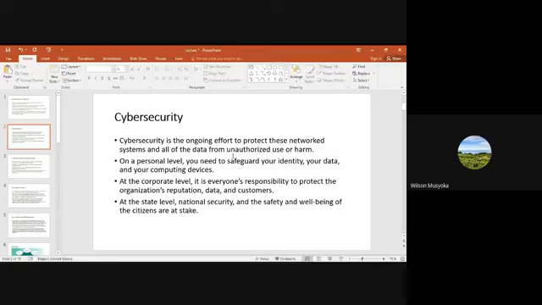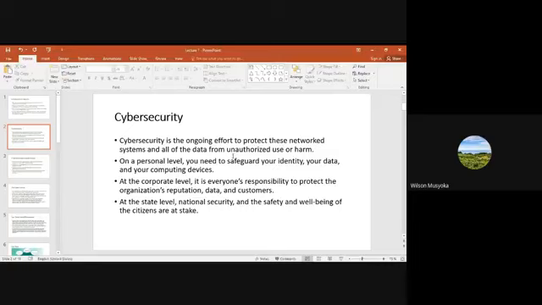At the organization or corporate level, it is everyone's responsibility to protect the organization's reputation, data, and customers. So here it becomes a little bit wider, whereby not just your identity or your data, you're talking about the organization's reputation. If this information is leaked, imagine it is a bank and the banking details of all the customers have been leaked, they are in the public domain, then that becomes a problem to the organization's reputation.